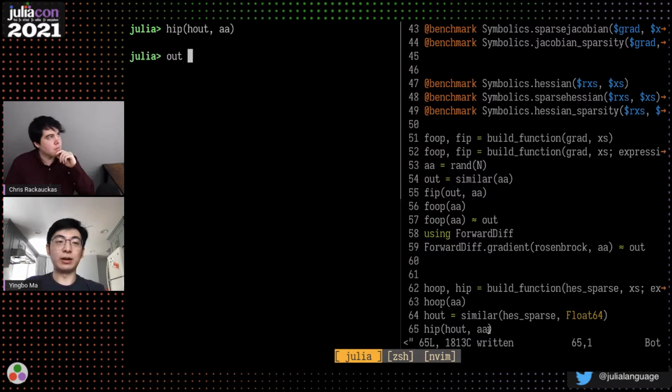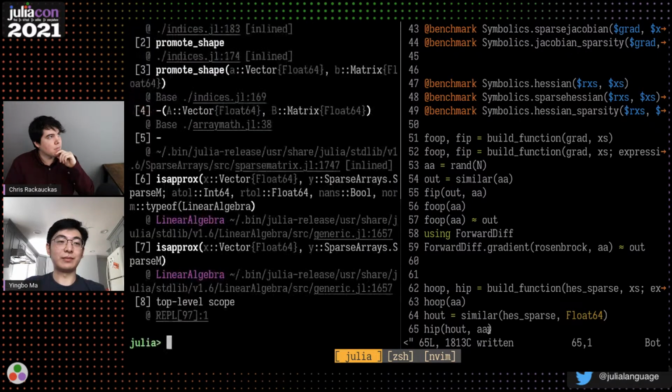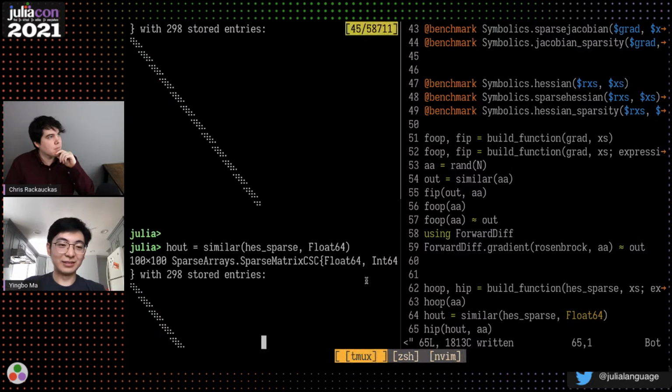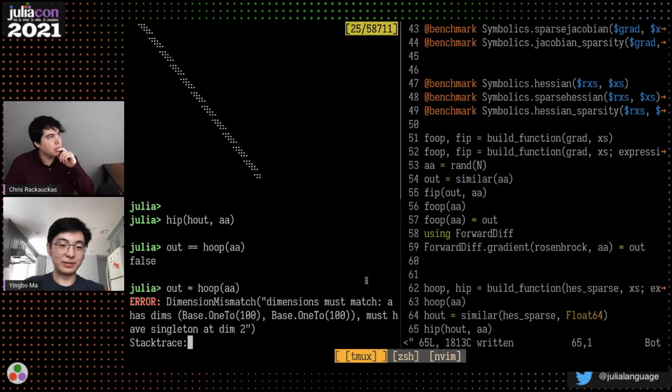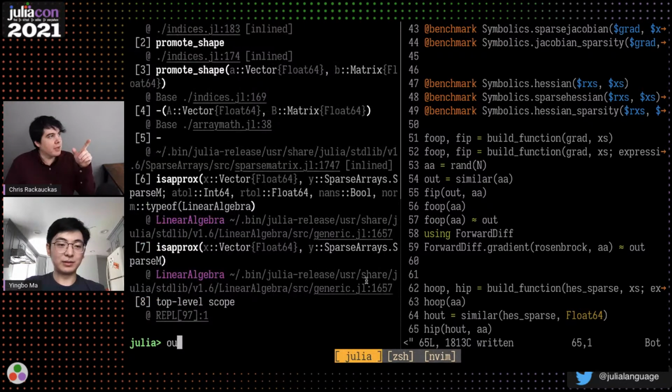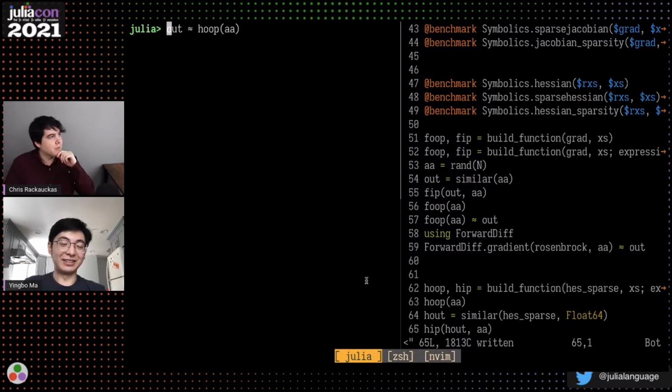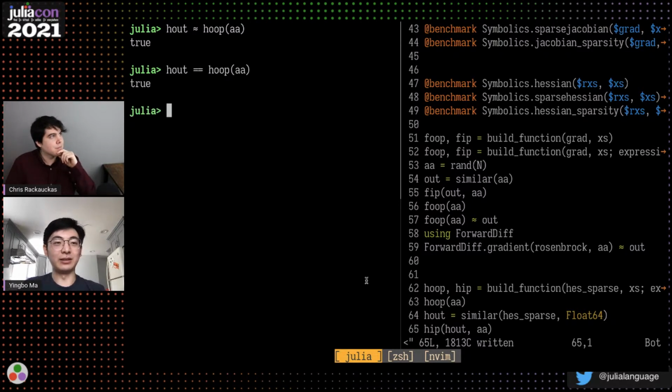Yep, and then we can compare that out should be the same as the... Yeah, there's some machine epsilon difference. Oh, sorry, I typed the wrong variable. So HOP should be the same. And let's see if it's actually the same. Yeah, that should be the same. Right.